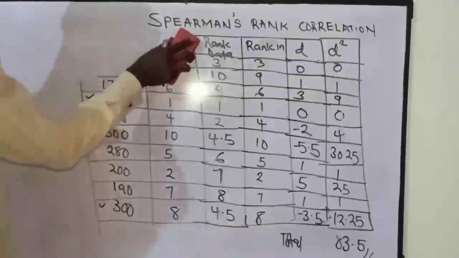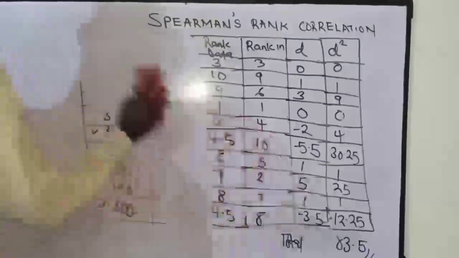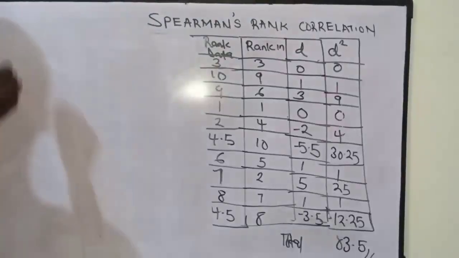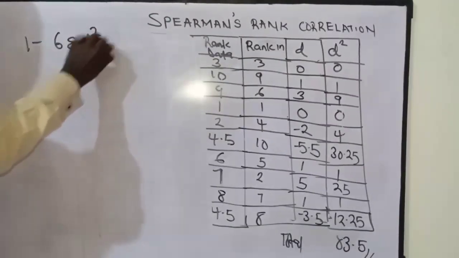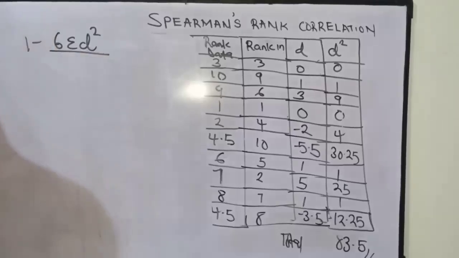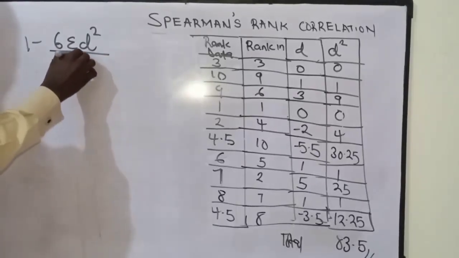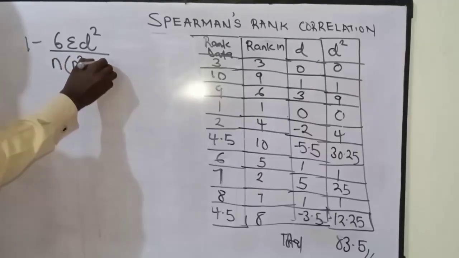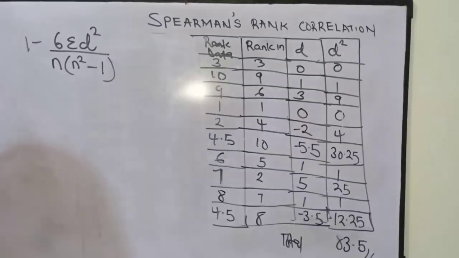I can clean this place because we don't need it again. This is what I need: 83.5. If you remember our formula, it is 1 minus 6 summation D square, divided by n, open bracket of n squared minus 1.